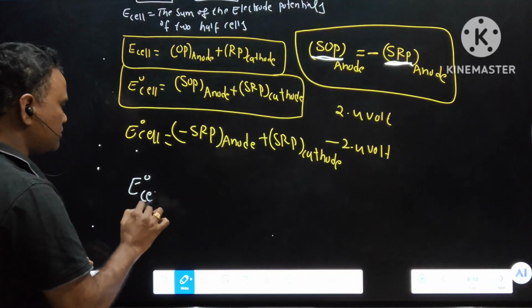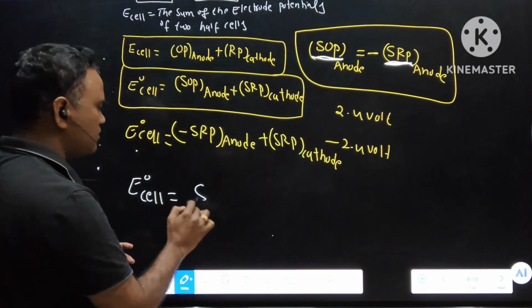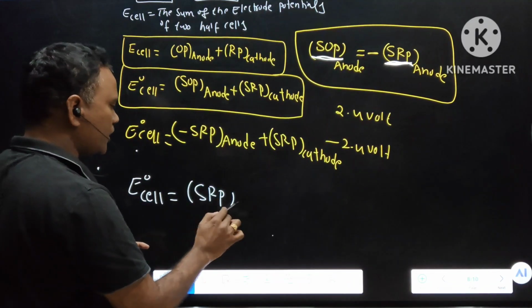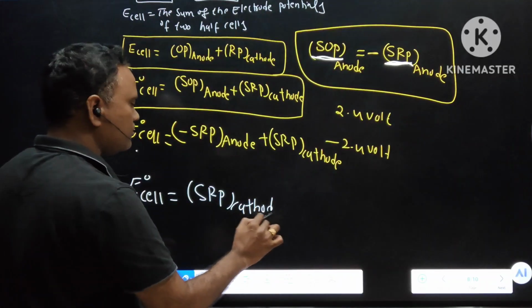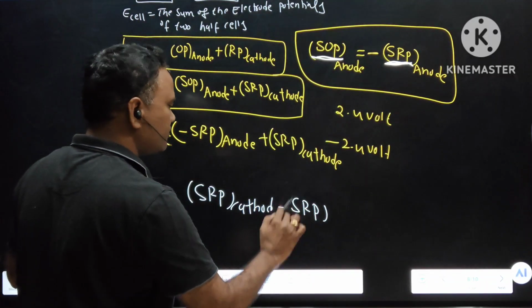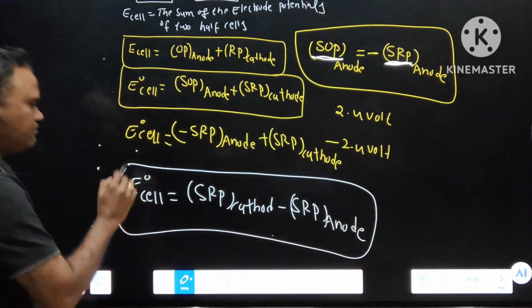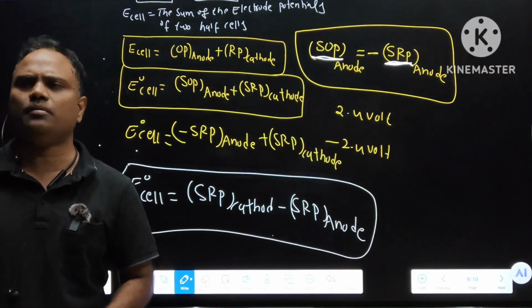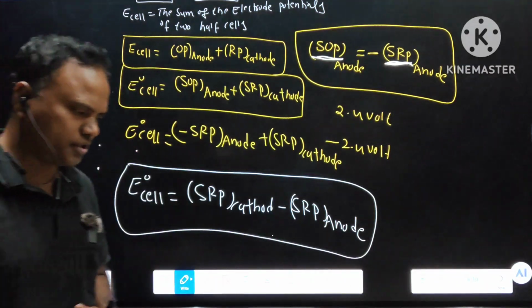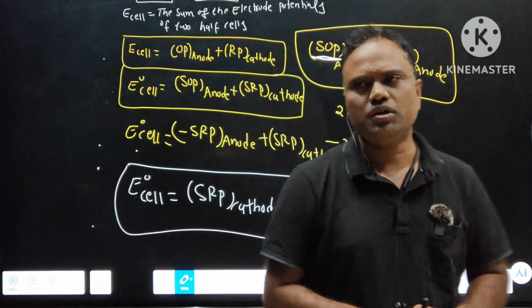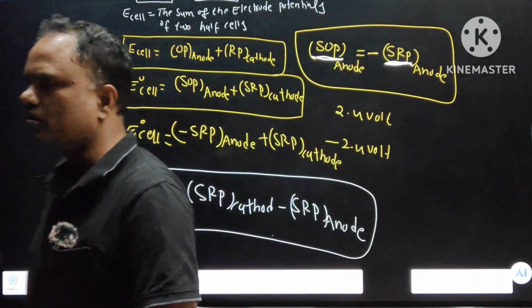E naught cell is equal to SRP of cathode minus SRP of anode.